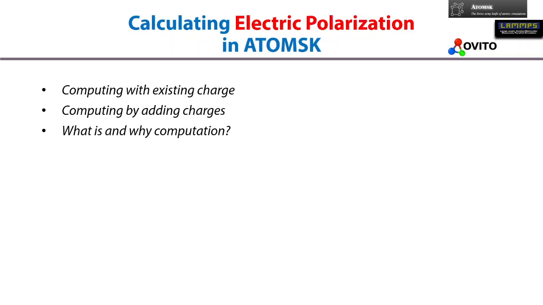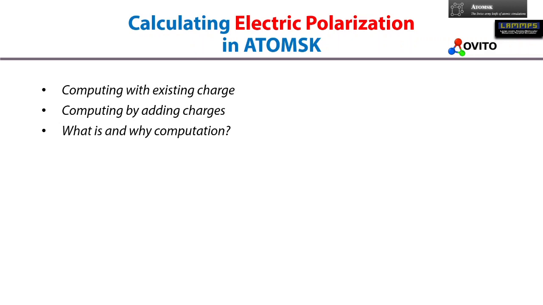Next is calculating electric polarization in ATOMSK. If you have already added your shells and added charges to those shells, now you can compute the electric polarization of your existing system. However, if you have not added your charges and you want to calculate the electric polarization, then after adding the charges, you have the option to calculate it.